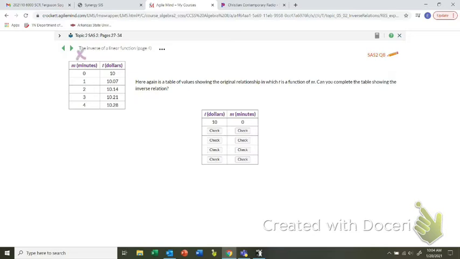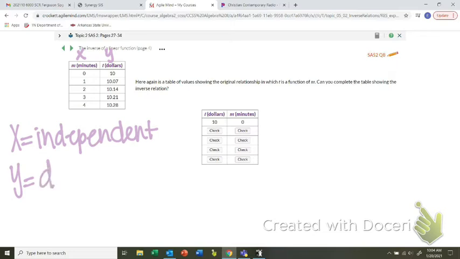In our original chart, X is our minutes and Y is our total. Okay? I want you to jot down that X equals independent values and Y equals dependent values. So Y depends on X. And I want you to jot this down.